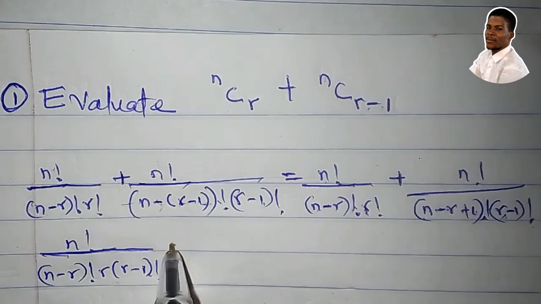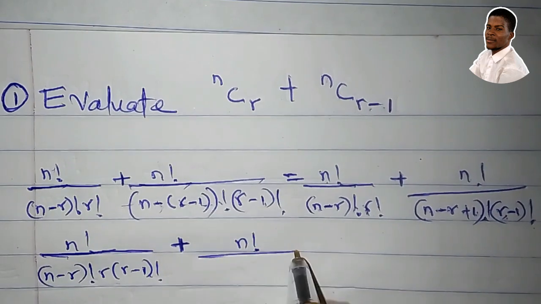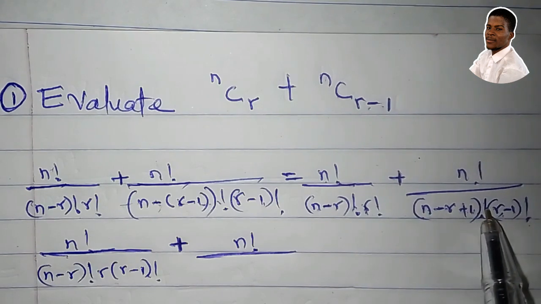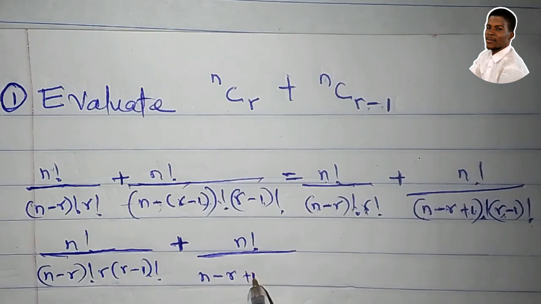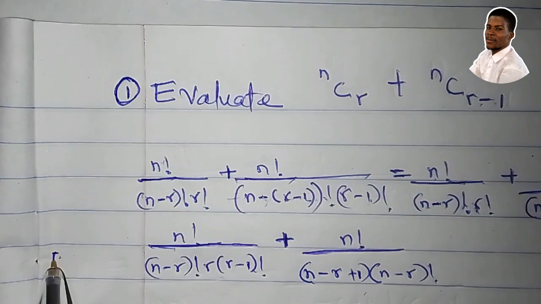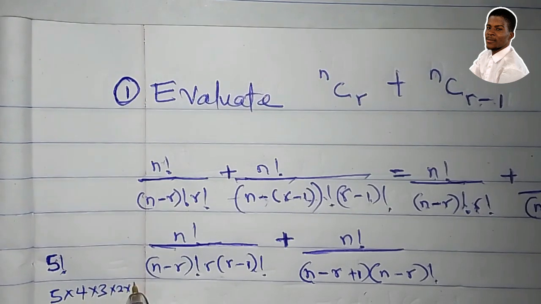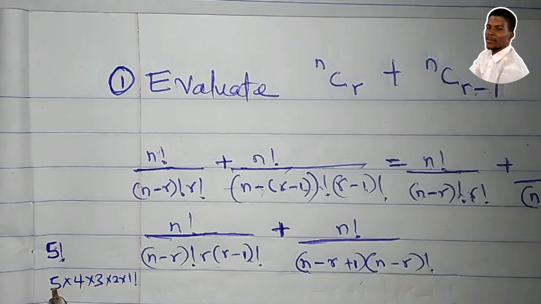Just keep watching. Plus n factorial all over this (n minus r plus 1) factorial can be written as (n minus r plus 1) times (n minus r) factorial. How is this so? I can write 5 factorial as 5 times 4 times 3 times 2 times 1 factorial. So to get 4, subtract 1 from 5.